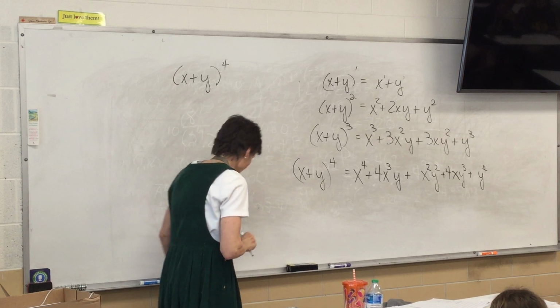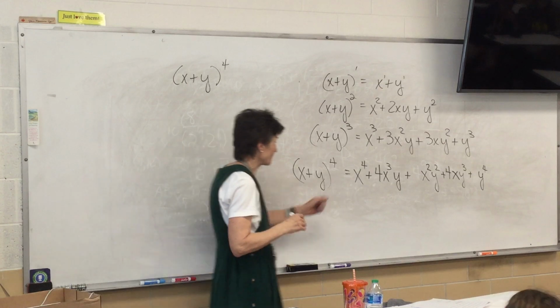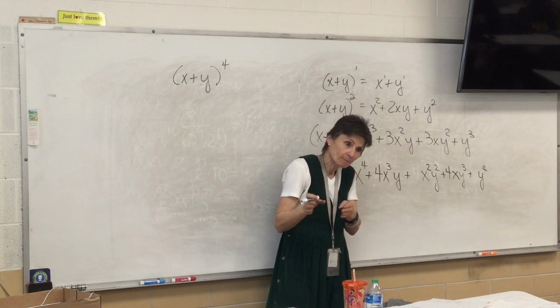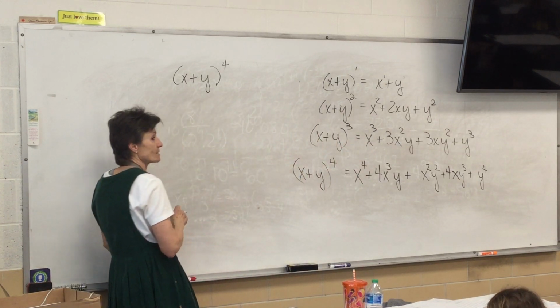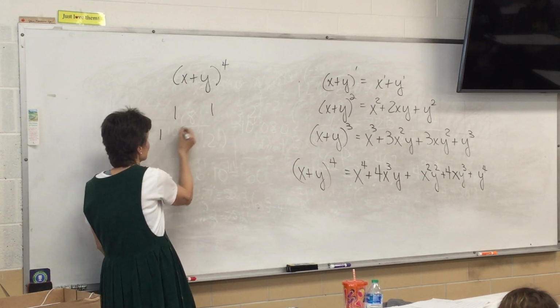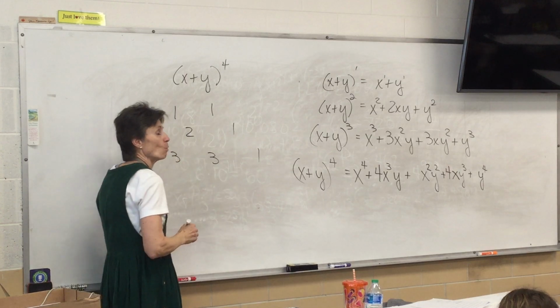So this is where the trick comes in. You don't need a trick to figure out the letters. The letters are easy. You just count down or count up. It's the numbers, the coefficients that are tricky. So I'm going to take the coefficients out and look at them in triangular form.